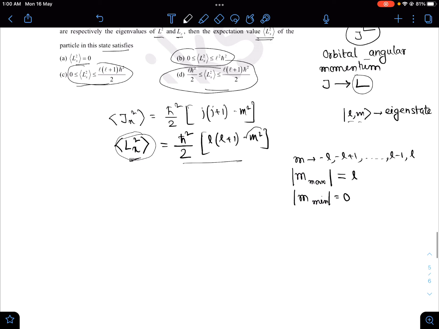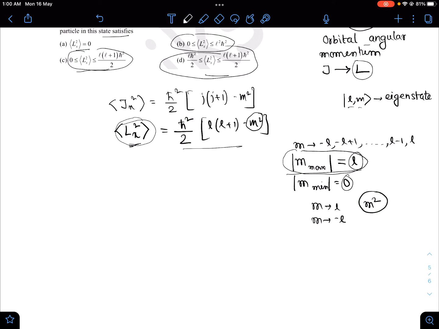Since we have m squared here, we are interested in the modulus value, because m equal to L and m equal to minus L both give the same m squared value. So it can be minimum 0 and maximum L.